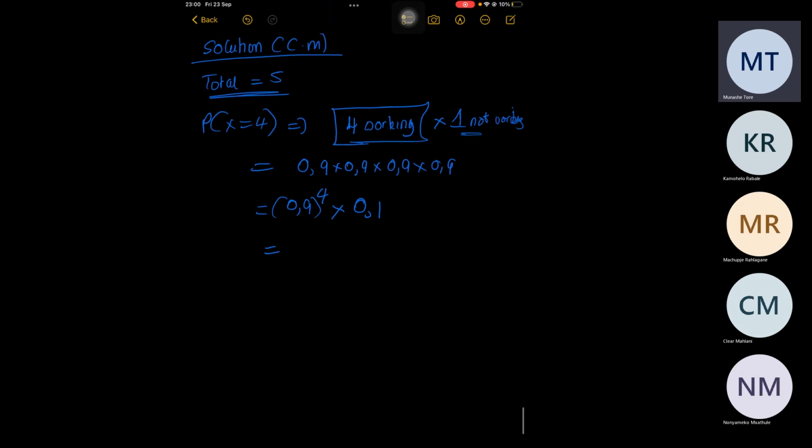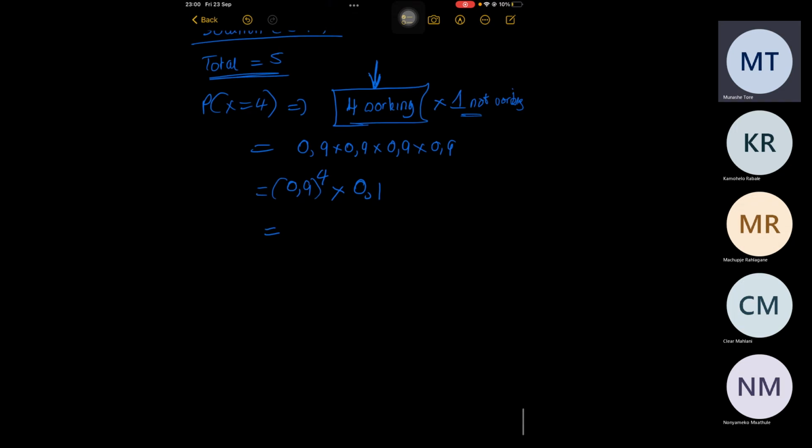We say 4 components are working, but how do we know which of the 4? We have 5 components, so amongst the 5 components, we want to choose 4 of the components that will be working. So how do you go about this now?